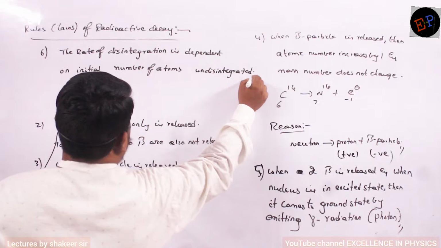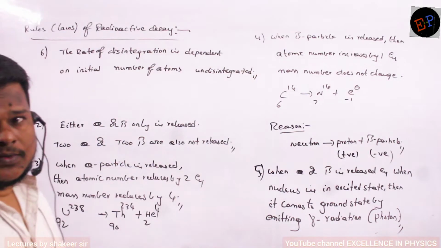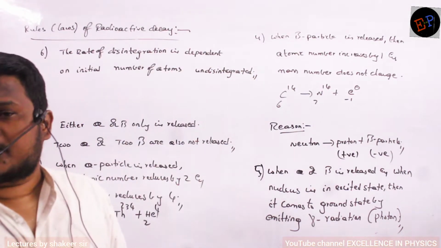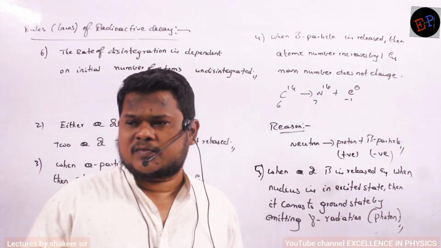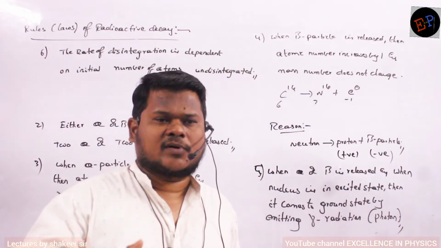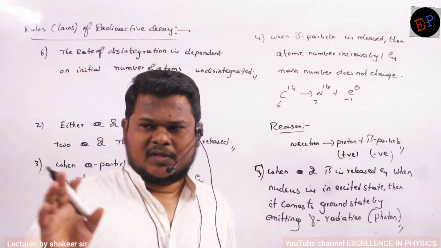What is the meaning of this statement? How many atoms are disintegrating per second? Disintegration means either the emission of alpha or beta.